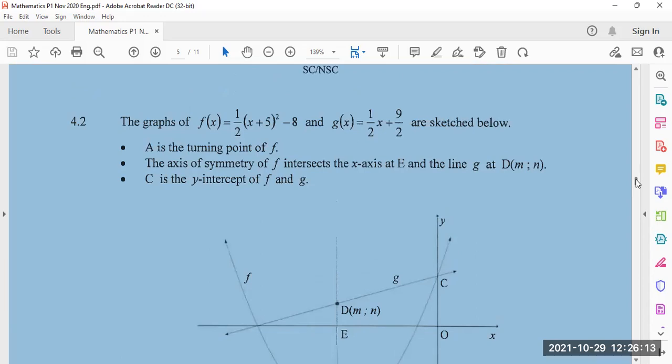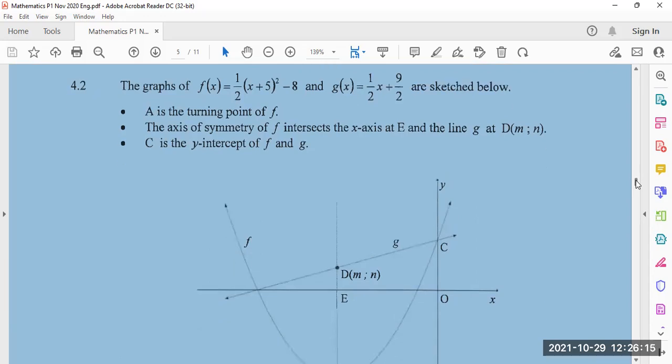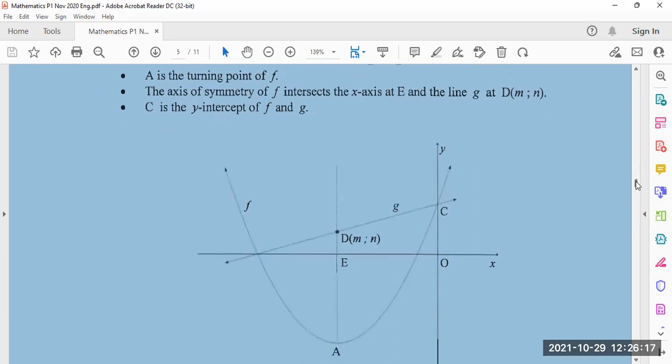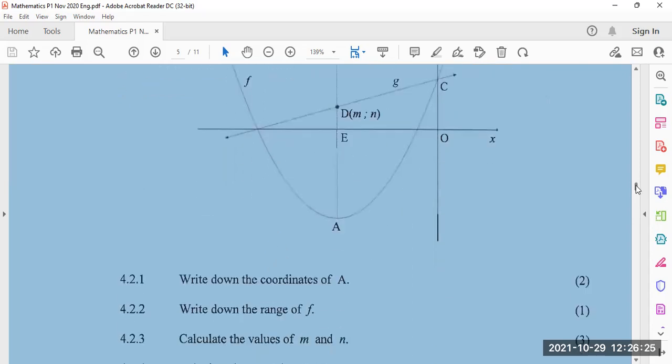The line g is the one with the equation that you've seen. And then C is the y-intercept of f and g, which is also a point of intersection. Then they are saying we must write down the coordinates of A, 4.2.1.